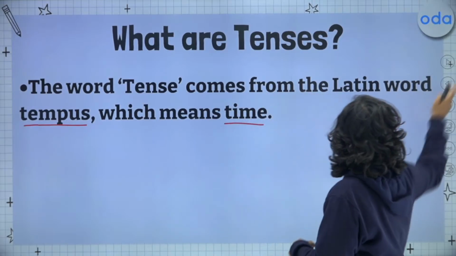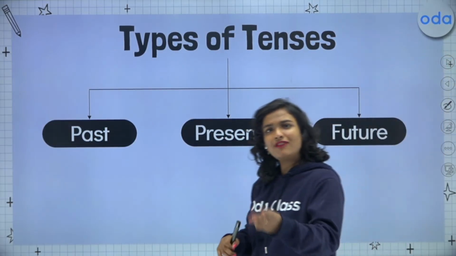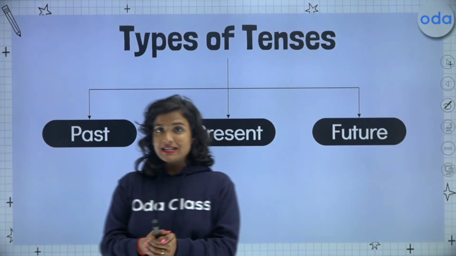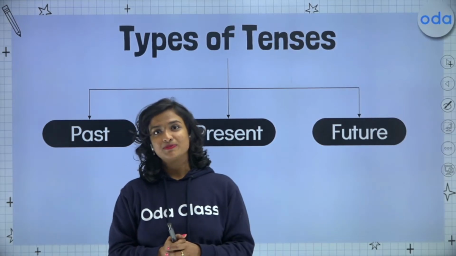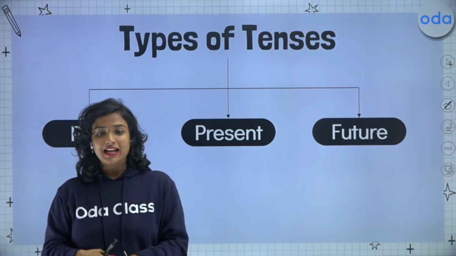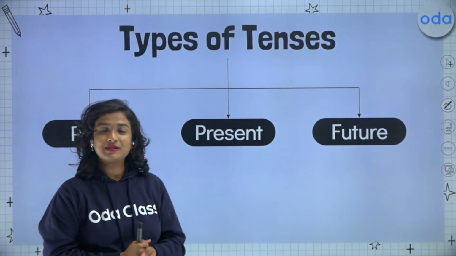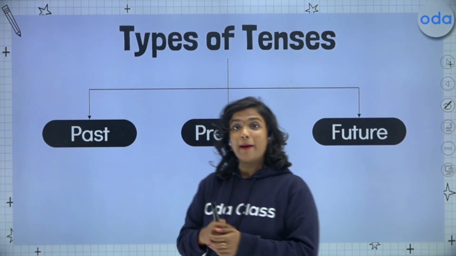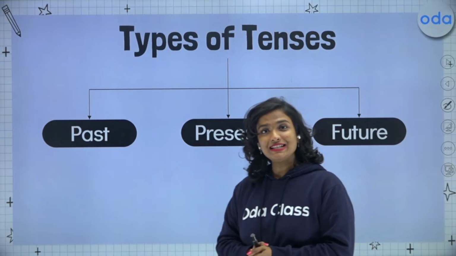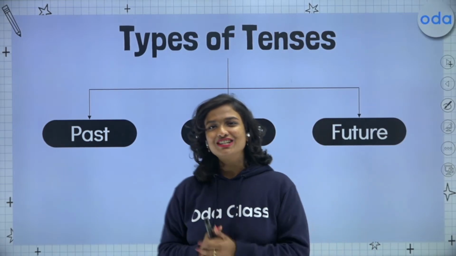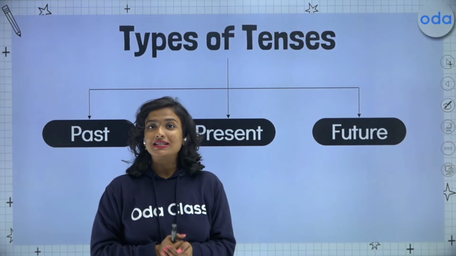And now we know that as far as tenses go, we have our 3 main tenses, depending on the time of the action. Things that are happening right now belong in the present tense. Things that have already happened belong to the past tense, and things that have yet to happen will be in the future tense.